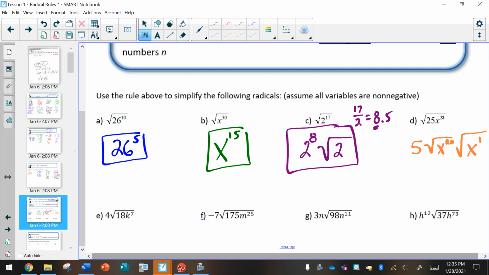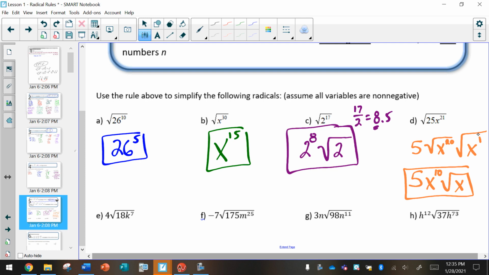Adding the exponents would add up to 21. 20 is the largest even number that's smaller than 21. Half of this exponent means we get x to the 10th, and x to the first. 1 is an odd number, stays like that.